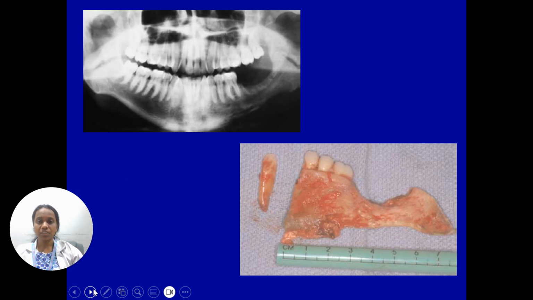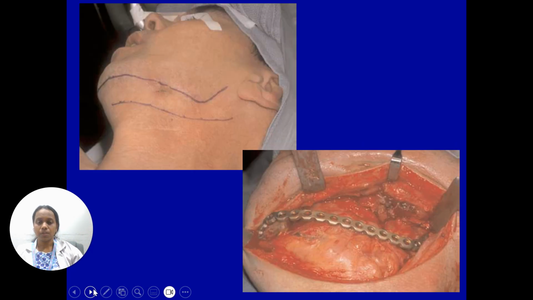This kind of resection is generally required in chronically infected cases which have a very poor prognosis with conservative management. In these cases, a resection has to be done, followed by a reconstruction, either a primary or a secondary reconstruction has to be considered.